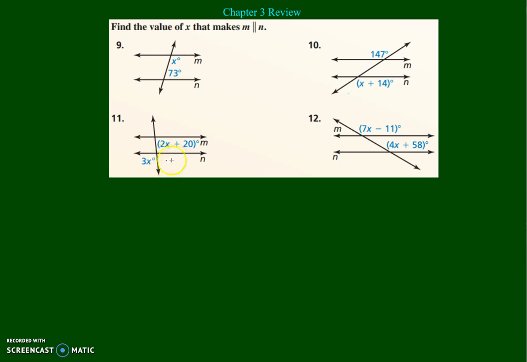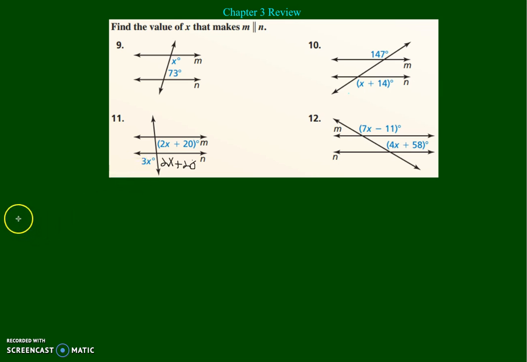If this angle is 2x plus 20, let's go ahead and write that in. So this angle would be 2x plus 20. Then these two angles are a linear pair, and these two angles would then be supplementary. So they would both add up to 180 degrees. So let's go ahead and use that fact.